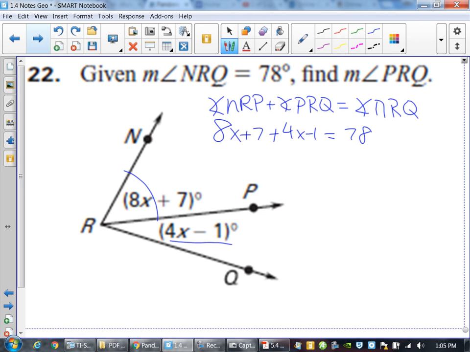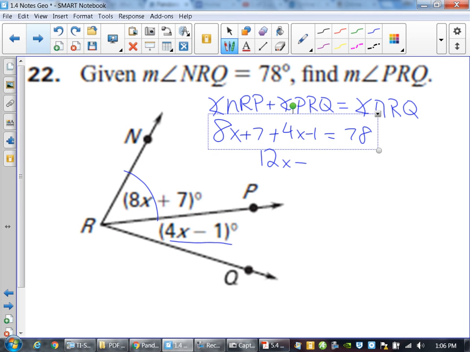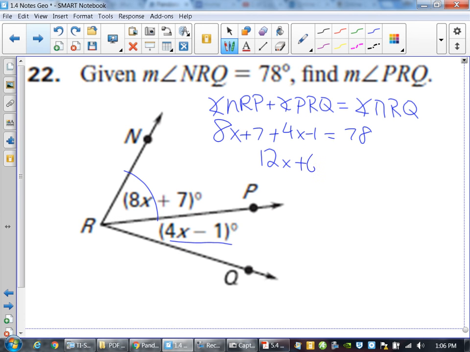Combine your like terms. What's 8x and 4x? 12x. 7 minus 1 is? 6. And now what do we do?